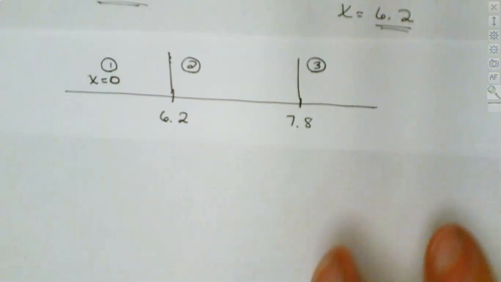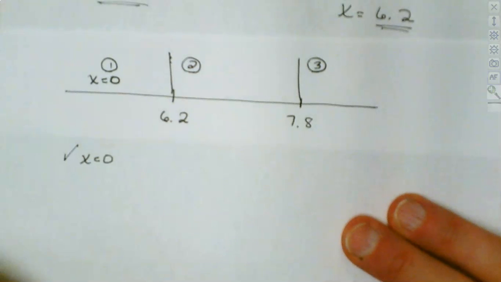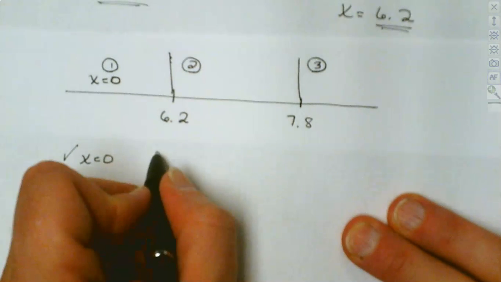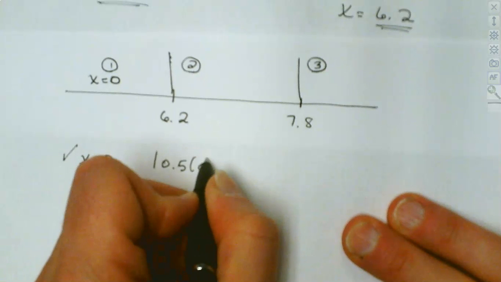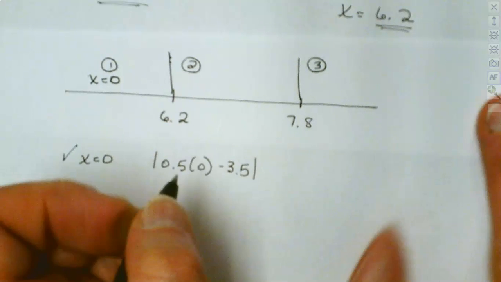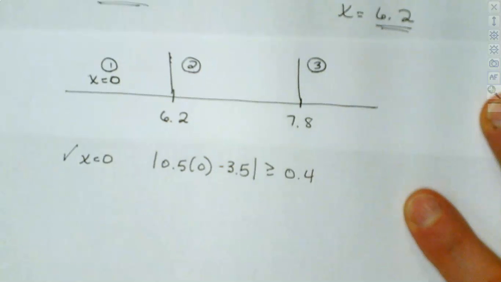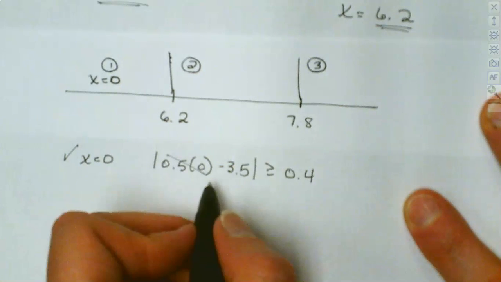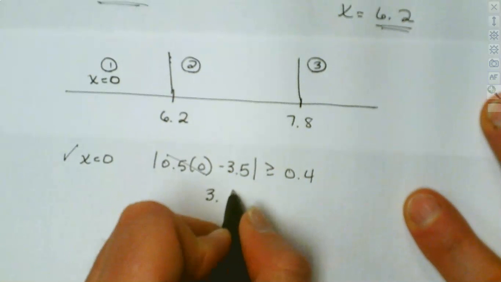Now we're going to check it. So now we're going to check x equals 0. And we check it in the absolute value of 0.5 times 0 minus 3.5 is greater than 0.4. What's the absolute value of a minus 3.5 again? 3.5.